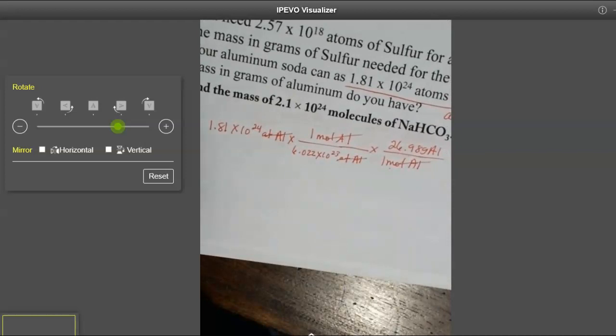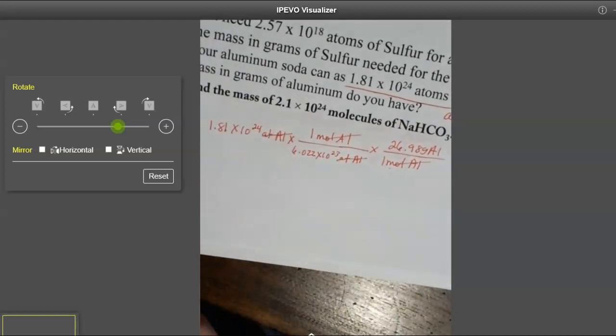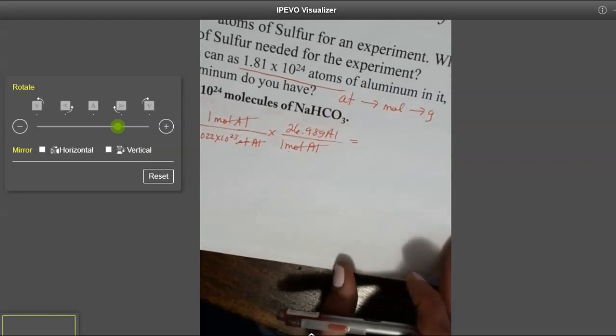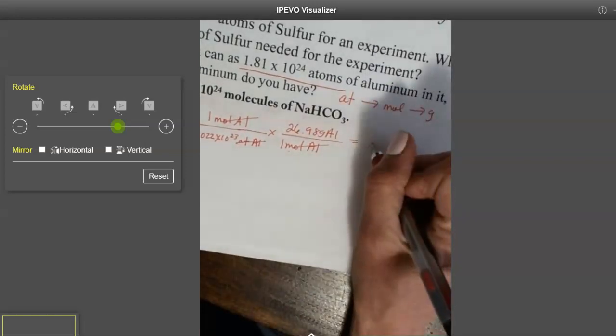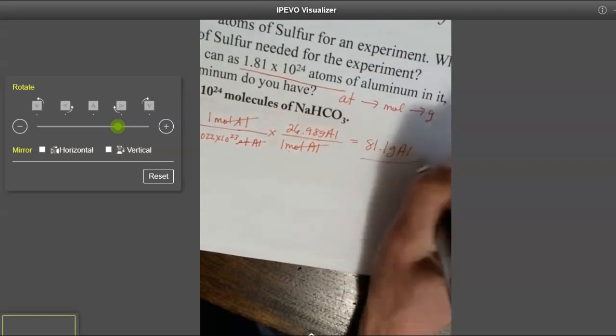And now I'm just going to do the math. I'm going to multiply everything straight across the top, divide by anything I have on the bottom. So 1.81 times 10 to the 24th times 26.98 divided by 6.022 times 10 to the 23rd. Again, I'm going to stick with my 3 sig figs, so I'm going to end up with 81.1 grams of aluminum.